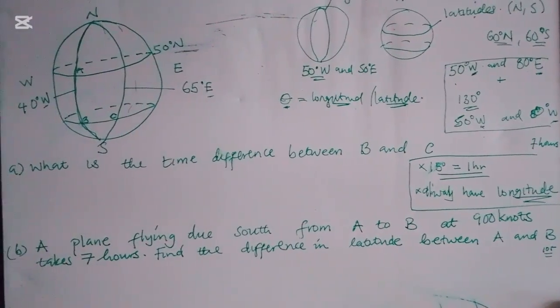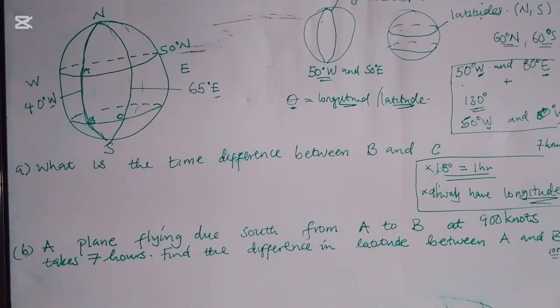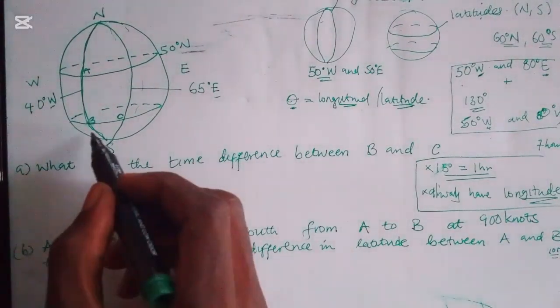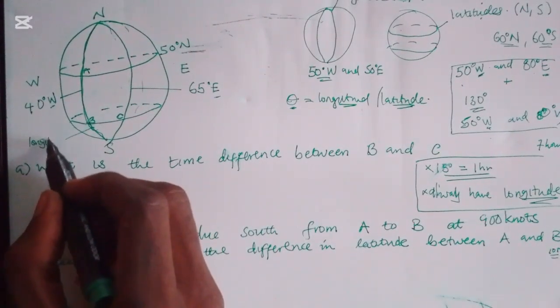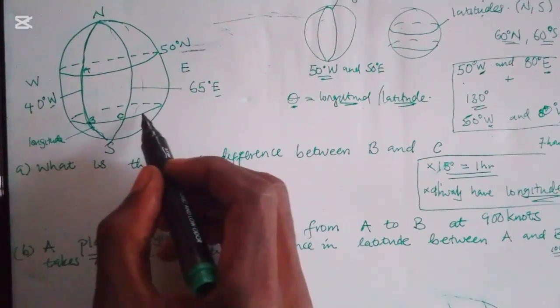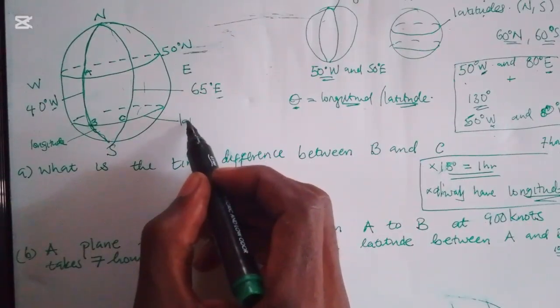Now going back to our question: what is the time difference between B and C? For us to calculate the time difference between B and C, we are going to look at the diagram. I showed you that these lines are what are known as the longitude, and these are latitude.